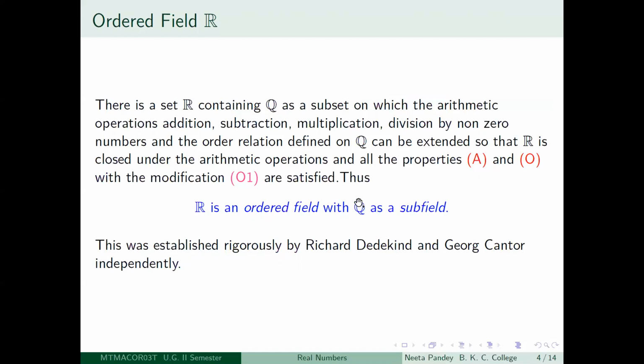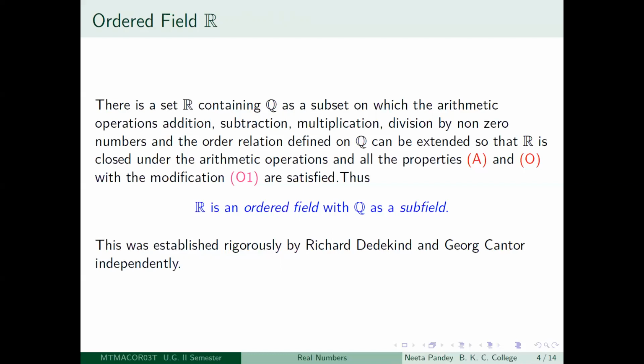So I am not going to prove this in this particular lecture, but this result was proved by many mathematicians, basically by Dedekind and Cantor. They did it in two different ways, and surprisingly their results were published in the same year, that is 1872.